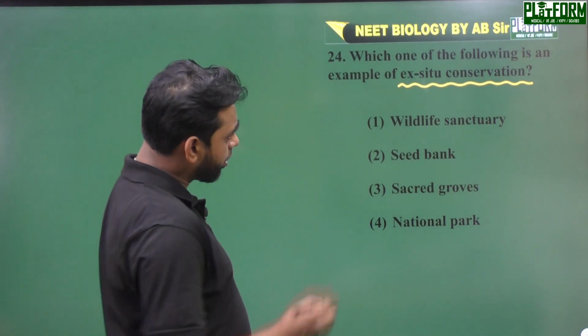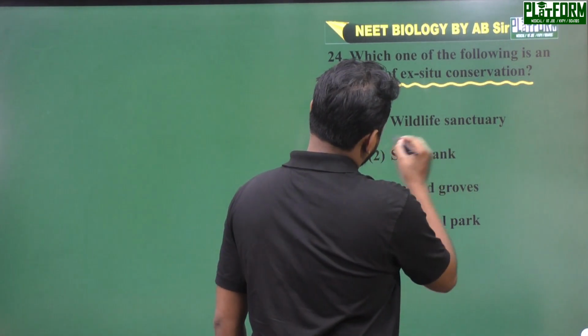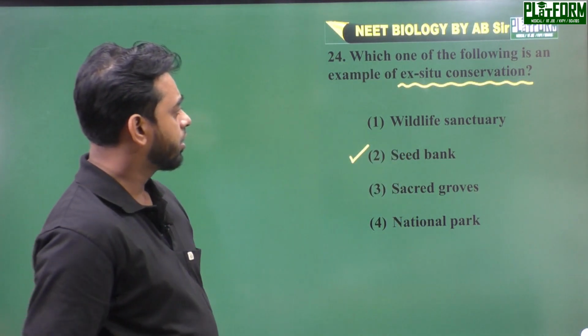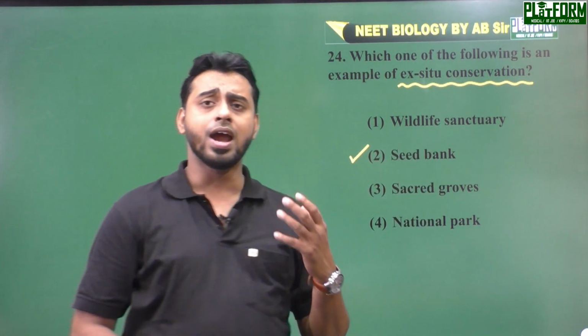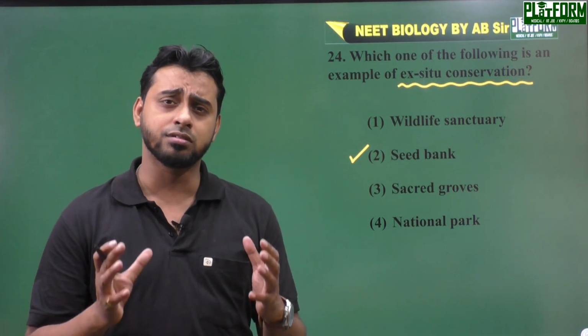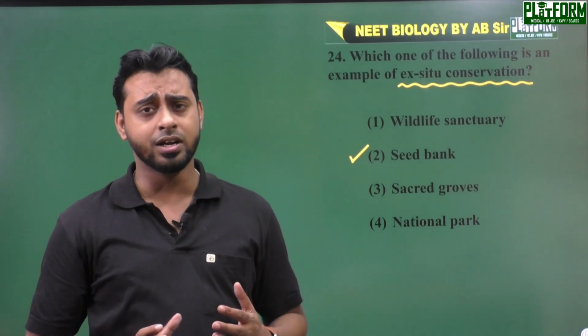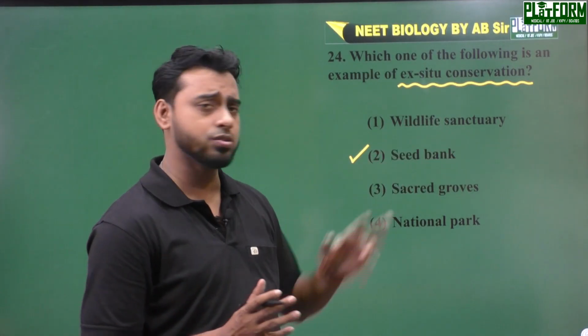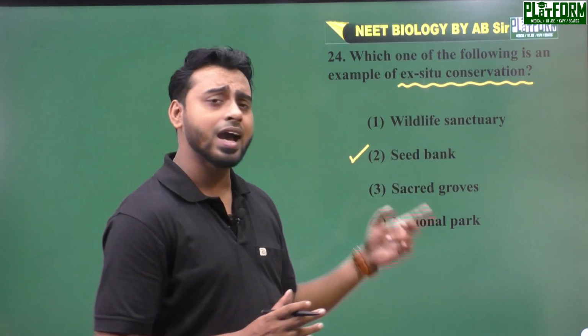Fine. So the correct answer will be the seed bank, because we know that in case of a wildlife sanctuary, the wildlife are conserved in their natural habitat under a protected environment. So that's the wildlife sanctuary. Now it is not the sacred grove.